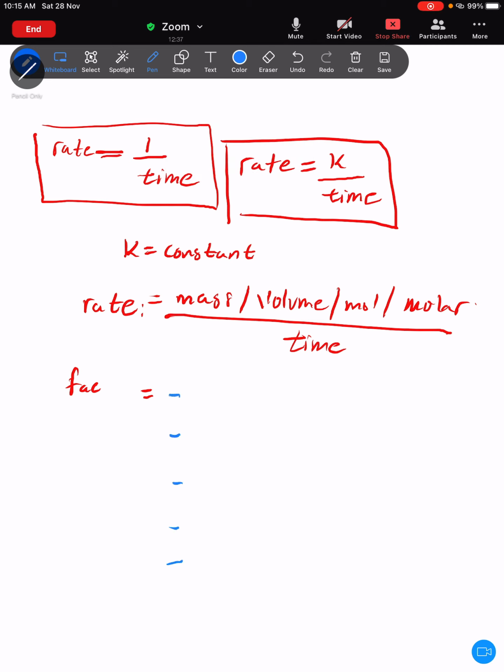The first one will be the size, or sometimes they refer to it as the surface area. Other than that, they refer to temperature, and we do have concentration. And we do have what else? Catalyst, and the last one will be pressure.